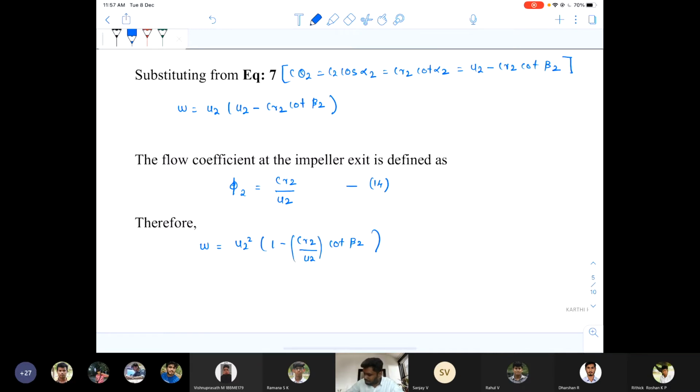If you replace this by the flow coefficient, the specific work will be equal to U2 square into 1 minus flow coefficient into cot beta 2. Consider this as equation number 15. Therefore W is equal to U2 square into 1 minus phi 2 cot beta 2.